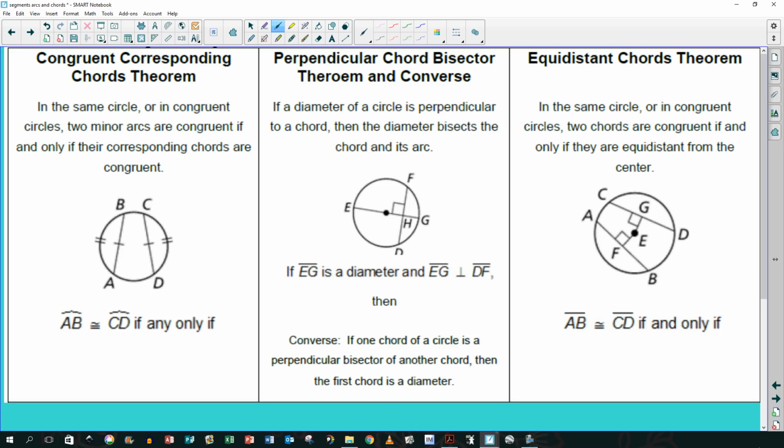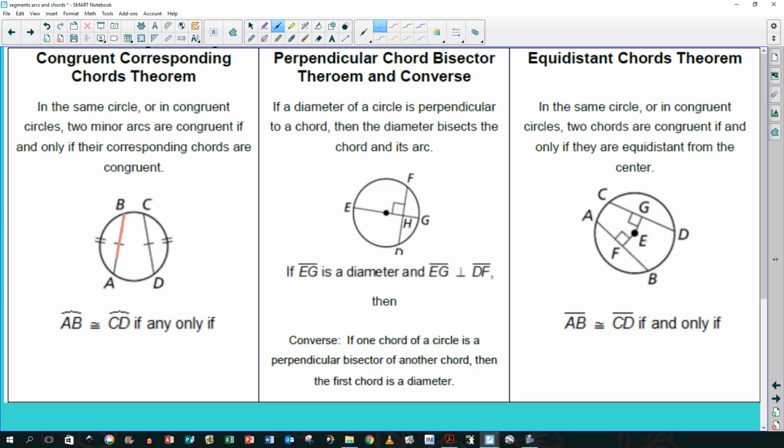Now we have some chords. Remember, chords have two endpoints that lie on the circumference of the circle. First one is called the congruent corresponding chord theorem. It says if you're in the same circle, or if you have congruent circles, that two minor arcs will be congruent if and only if their corresponding chords are also congruent.